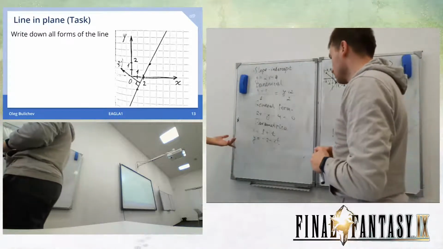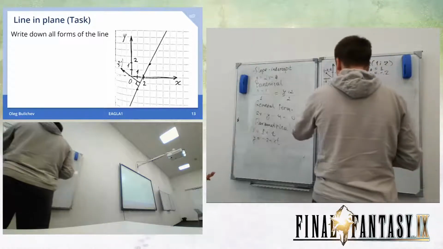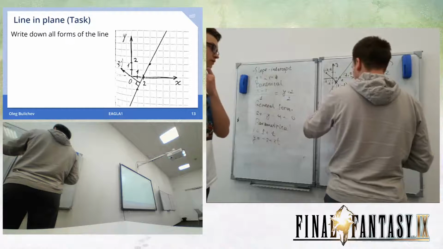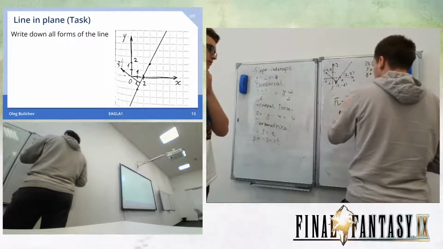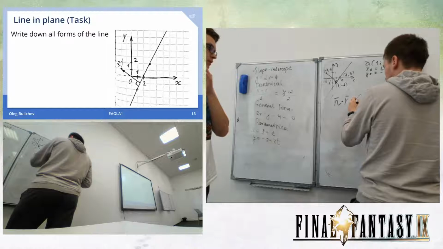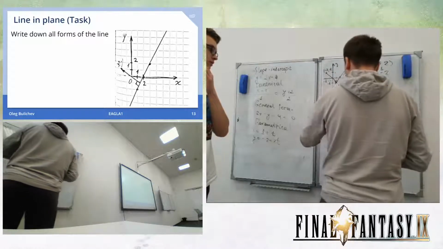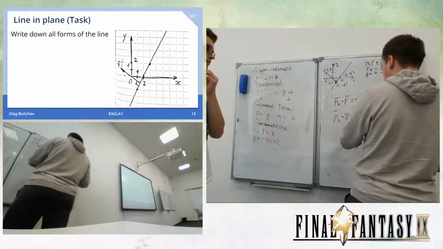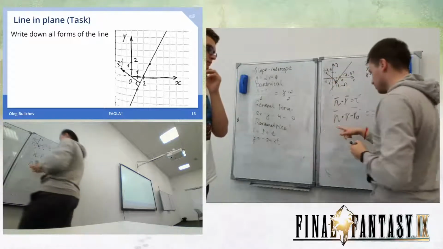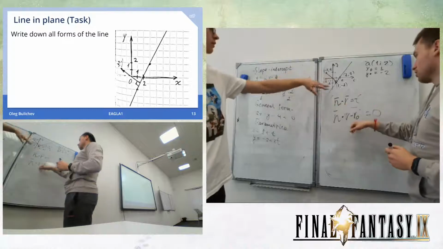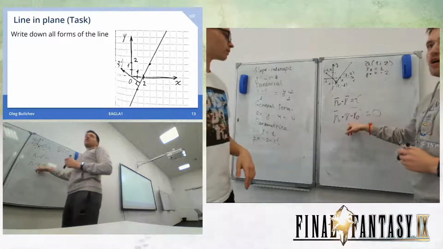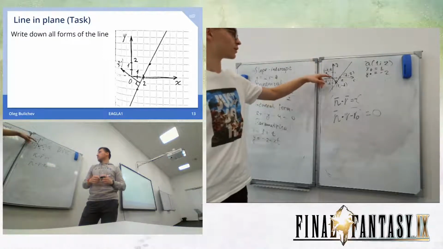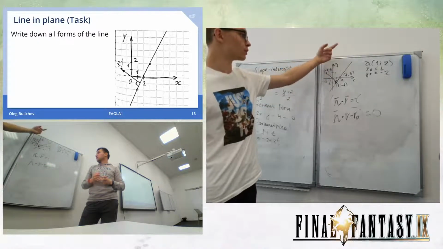How to write? You know that the dot product n, r minus r0 equals 0. So what does it mean, n? We know it. What does r mean? It's the radius vector of some point on the line.